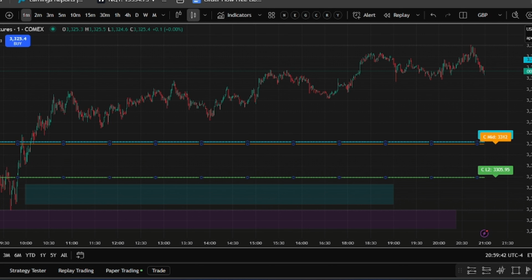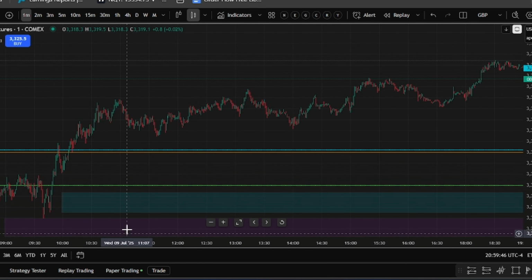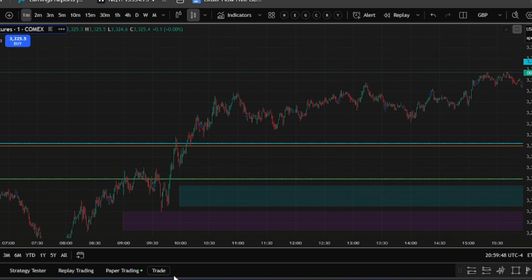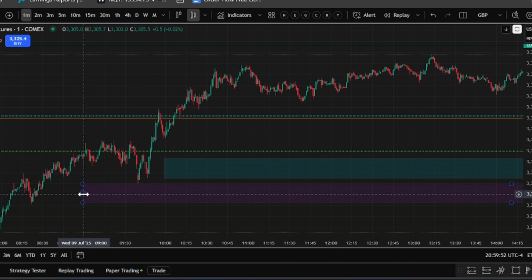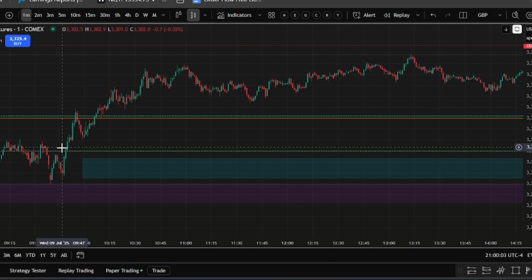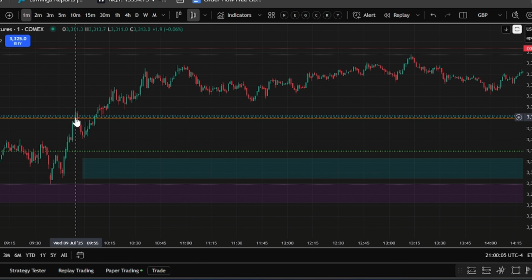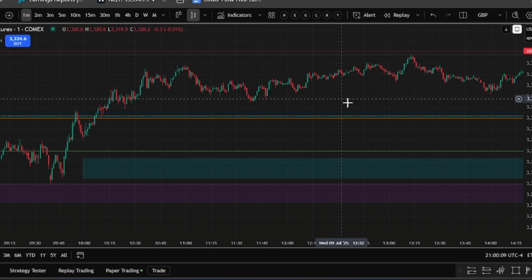Let's see, yes, there was a good setup on gold as well today. This zone was provided at 9 a.m. Price came into the zone, showed a double bottom or a higher high was formed, and once price closes above this level, you can take a trade till the next level, or you can wait for price to close above these 2 levels and then you can long as well.